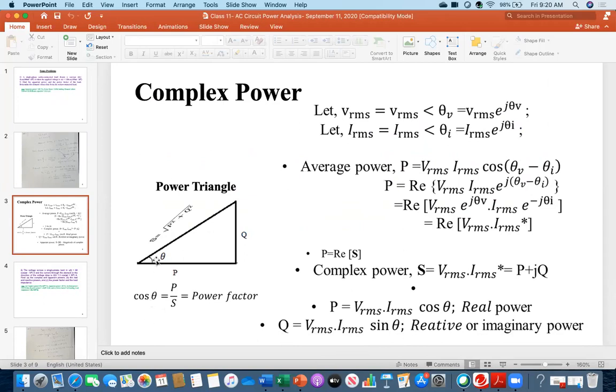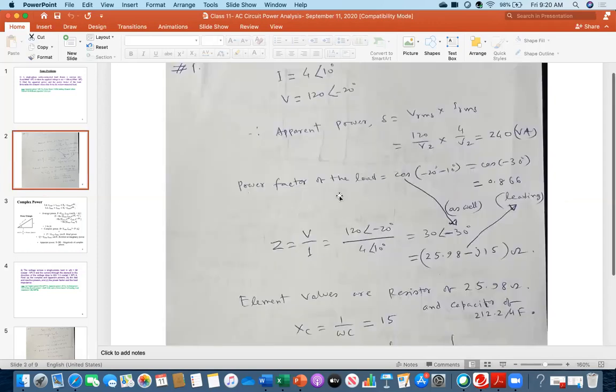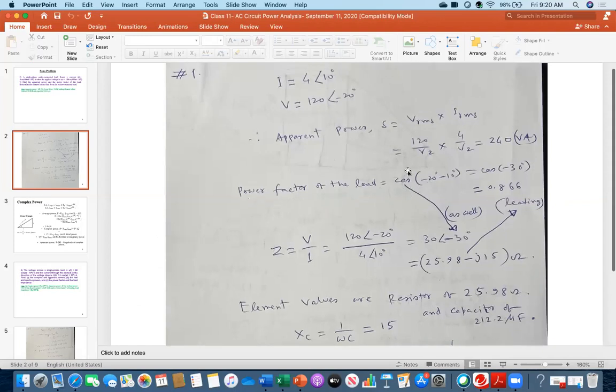Theta is actually the angle difference between voltage and current, in fact theta V minus theta I, whatever the amount is, and if you take its cosine, that will be your power factor. So what I am writing: power factor of the load is the cosine of the angle difference between voltage and current.